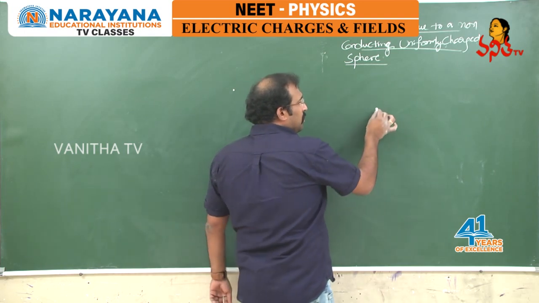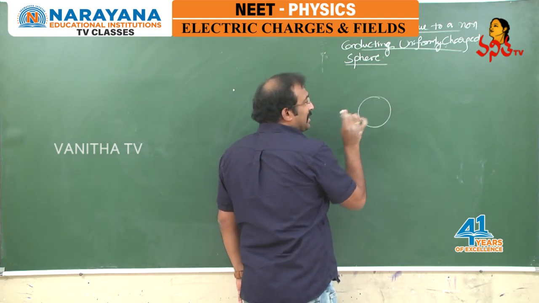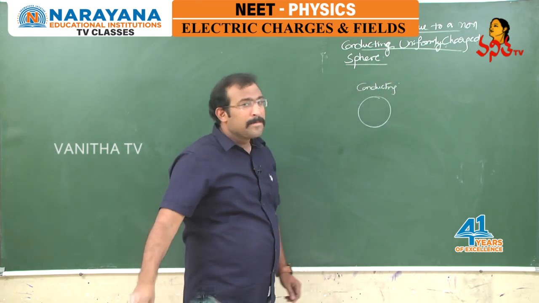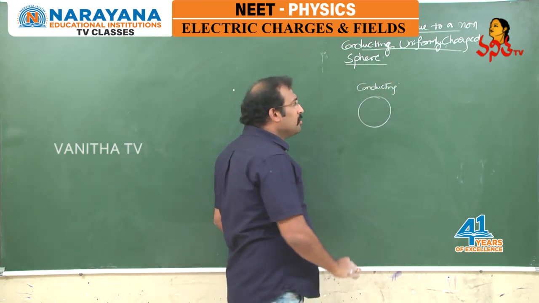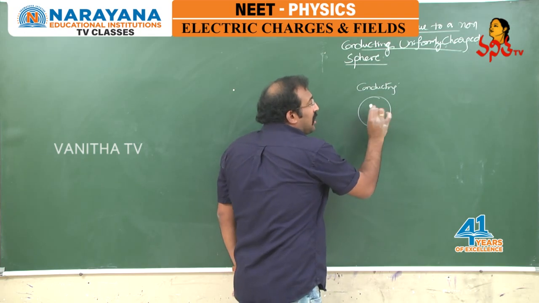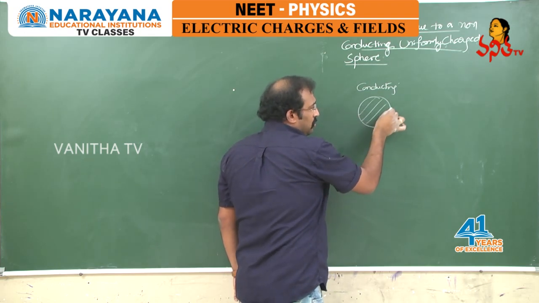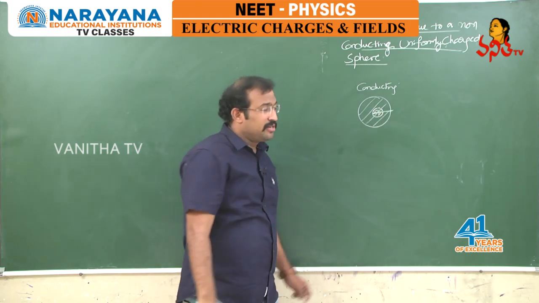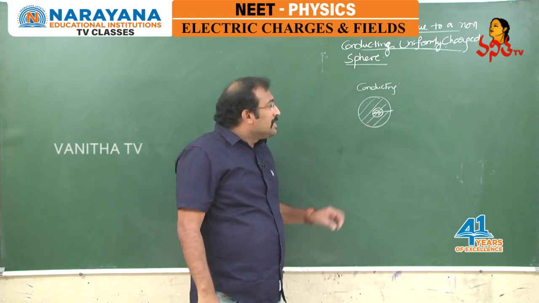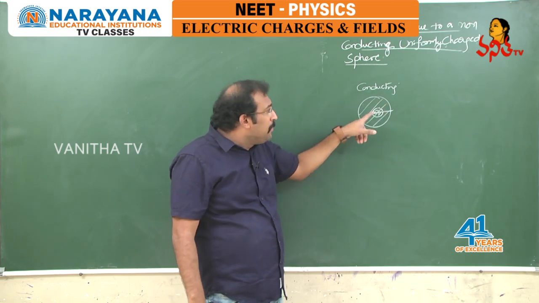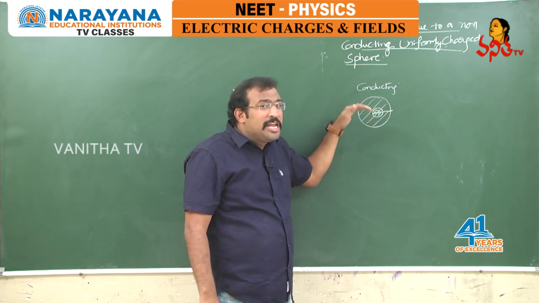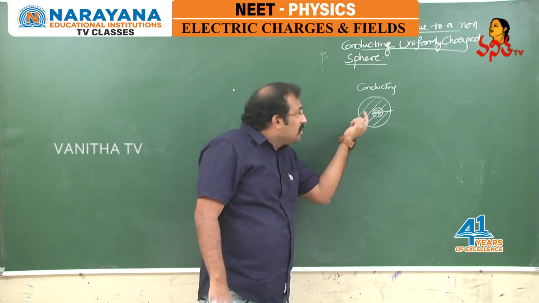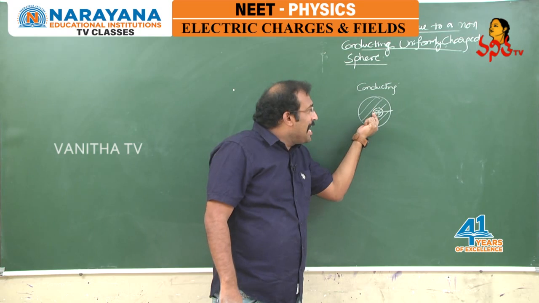Suppose I take a conducting body, and for this conducting body, I place some excess charge inside, on each and every layer of the solid sphere, which is conducting. The charge cannot stay inside.